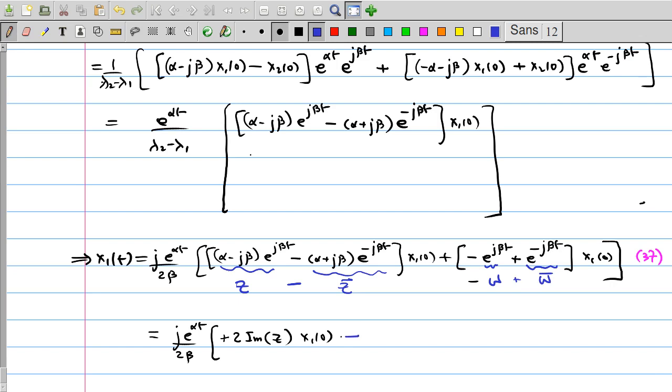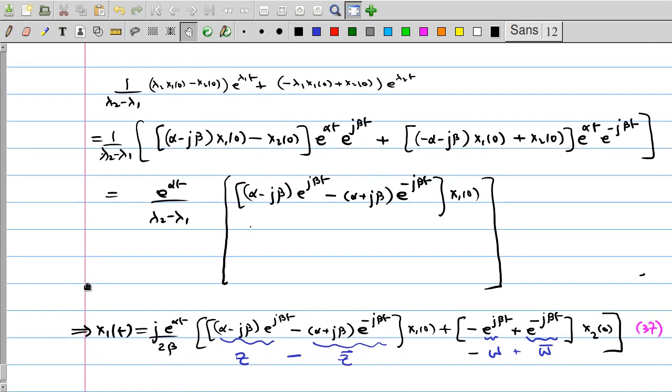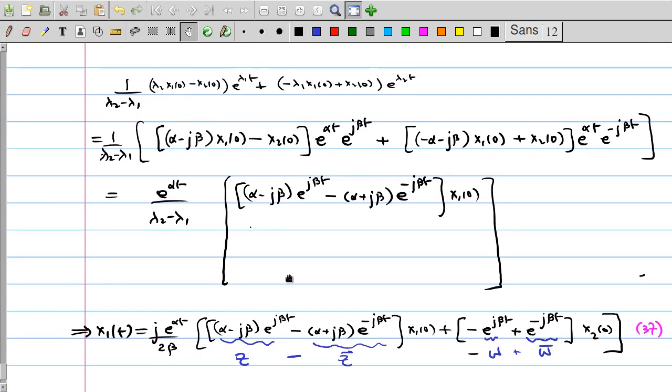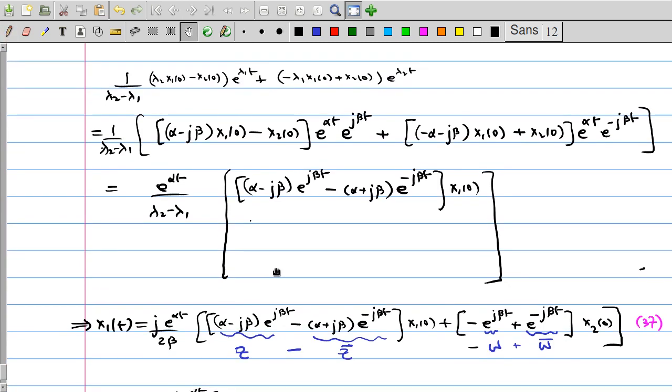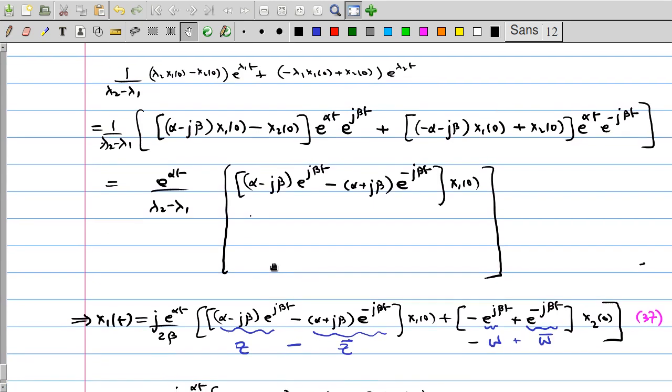I think this is going to be minus 2 times the imaginary component of w times x10. Sorry, that's going to be an x20. I made a mistake, I'm pretty sure of that. Yeah, it'll be minus 2. Oh, I wiped this out. I cut it instead of copying it.